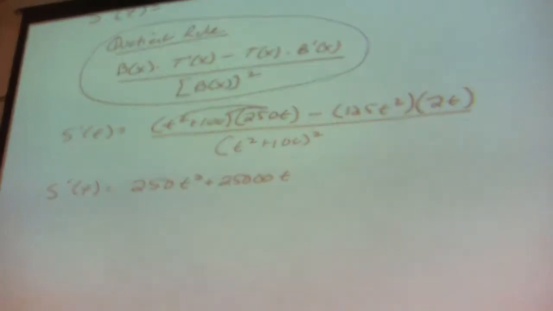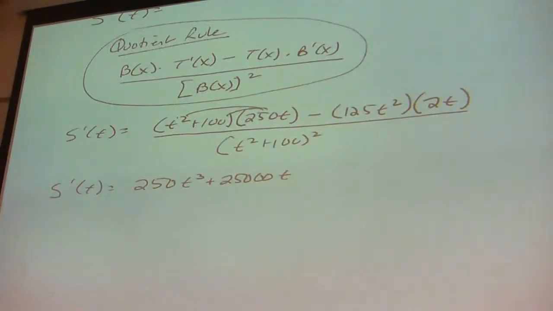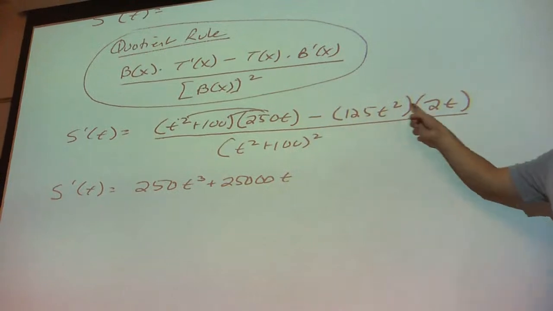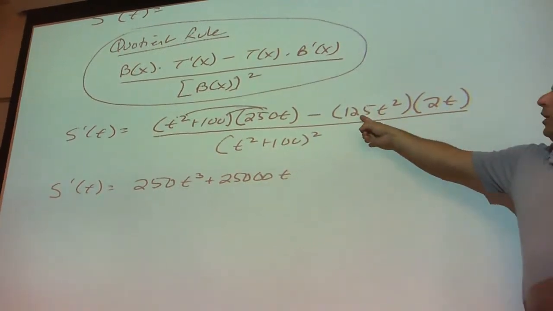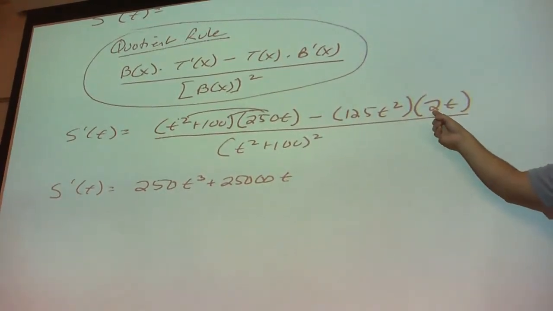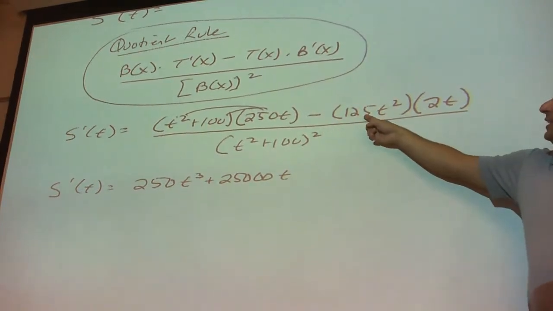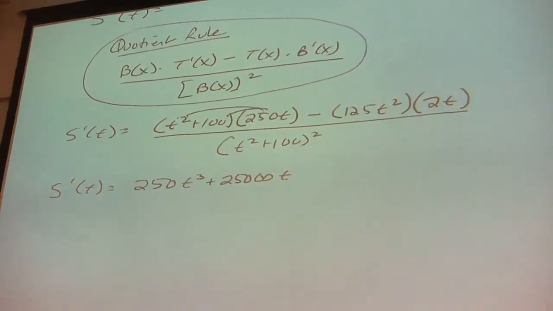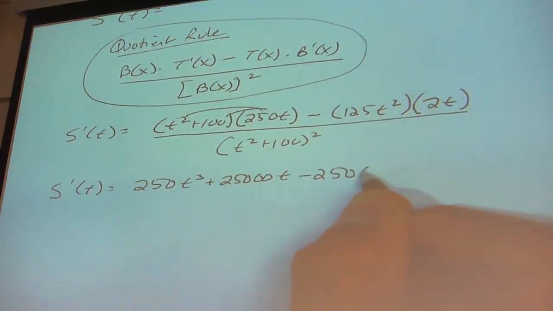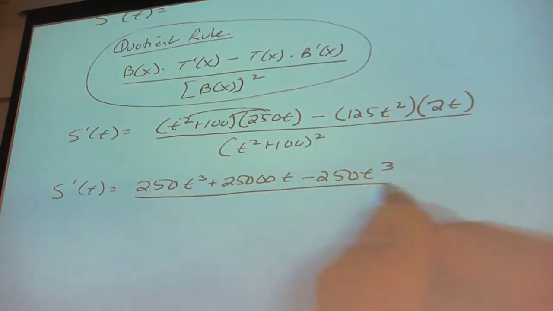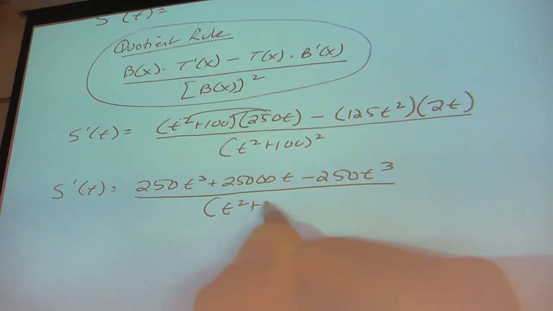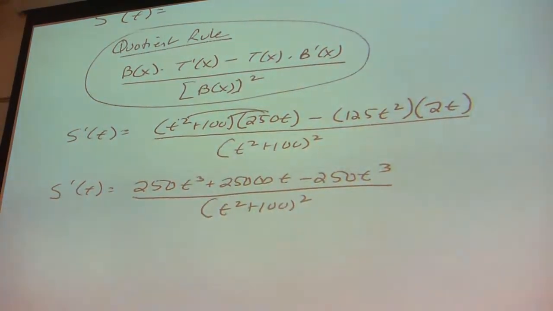Again, this is the part where a lot of little mistakes happen because I have a negative and I have these. So 125 times 2 is 250, negative 250 t to the third, all over t squared plus 100 squared.